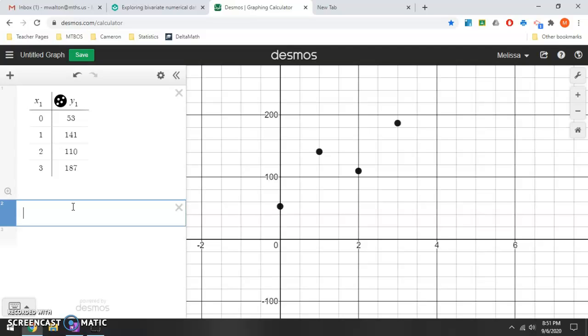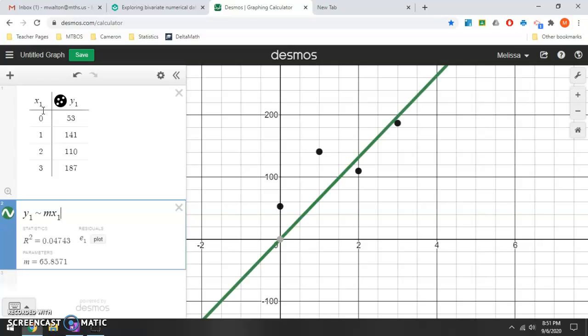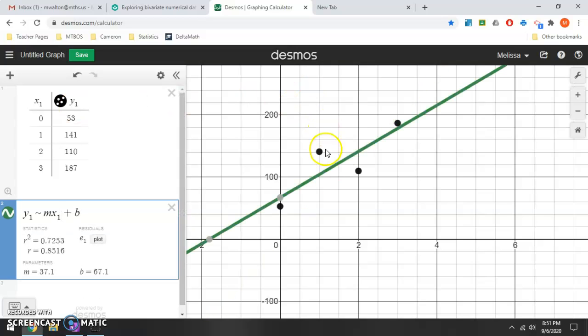So here's what you're going to type to calculate how we can predict y sub 1 in terms of x sub 1. So y, underscore 1, is approximately mx sub 1 plus b. So real quick, y1 is what we're trying to predict. m is our slope. x1 is our input, and then finally plus b.